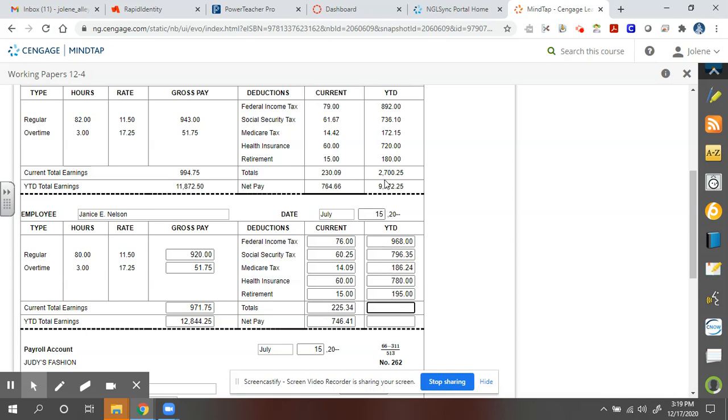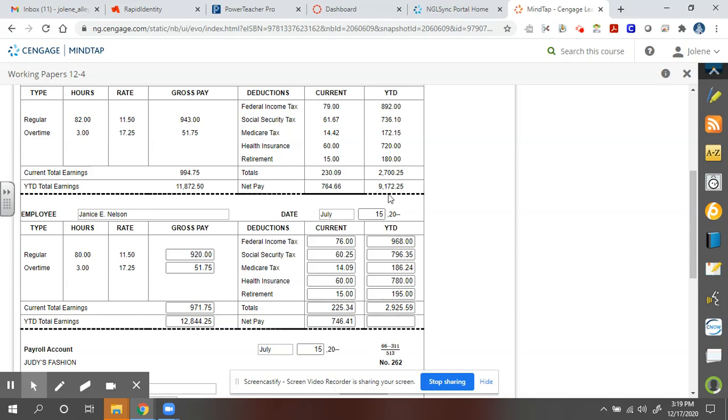Okay, so I can take this $2,700.25 and I can add it to her new total deductions of $225.34. And her new total deductions for this year is $2,925.59.